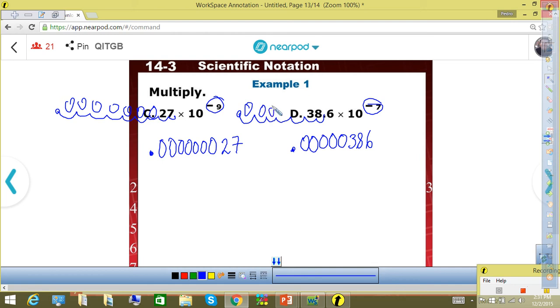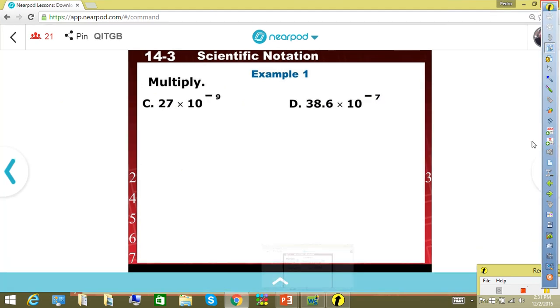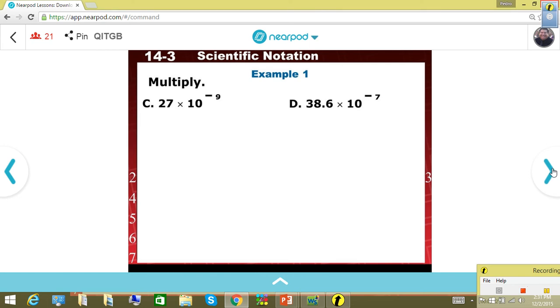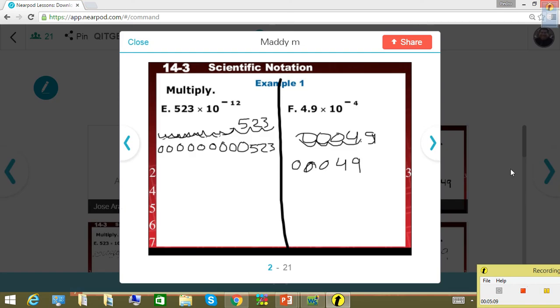So we got 5 zeros. And that's how we get that. Are we there? All right. So now I'm going to send you these next two on your Nearpod on your iPad. So these two you're going to do on the screen. Copy those, and you can work on those.